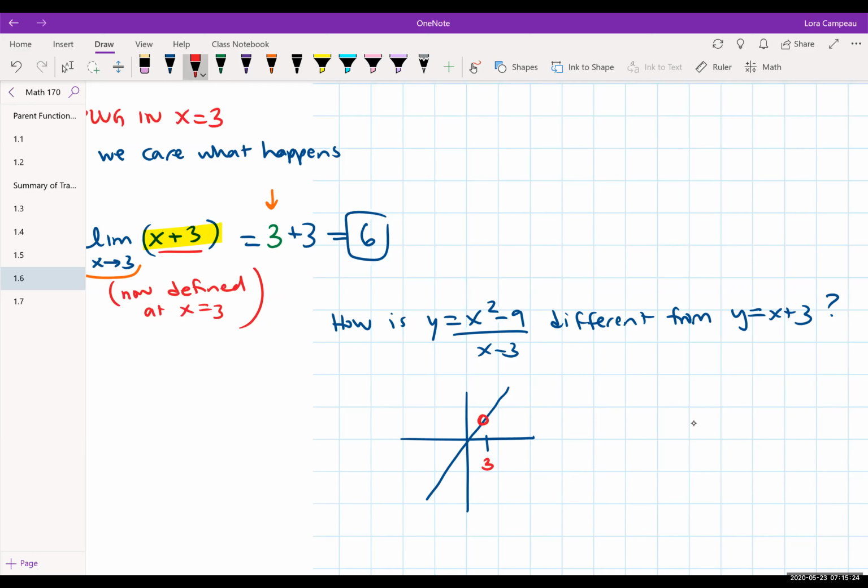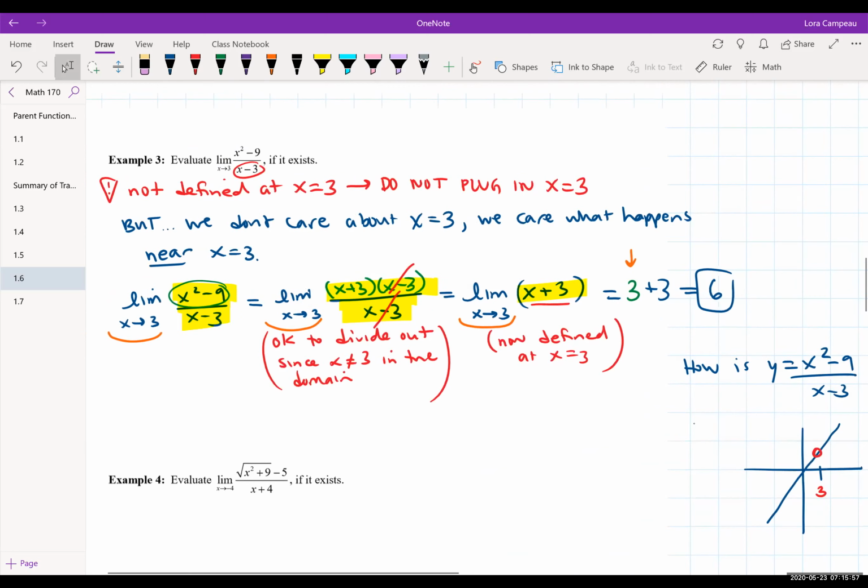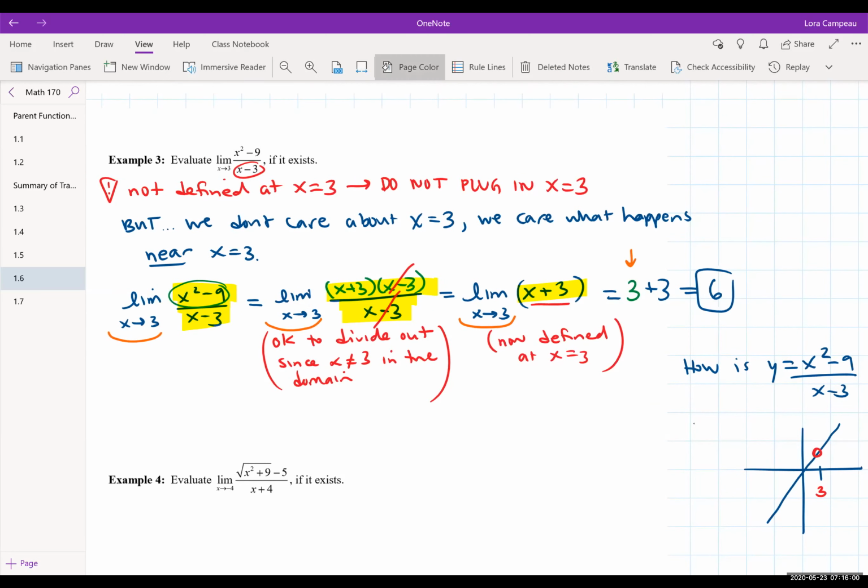Versus the same picture, but at x equals 3 it actually has a corresponding y value of 6. So be careful on that. A lot of times you can use your TI to inspect it. It's totally okay. So let's go back to our examples and go from there.